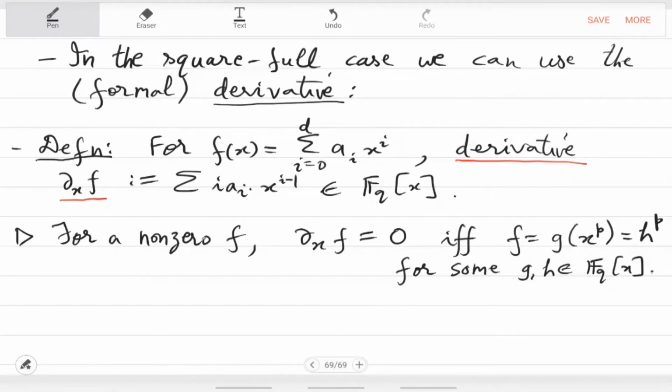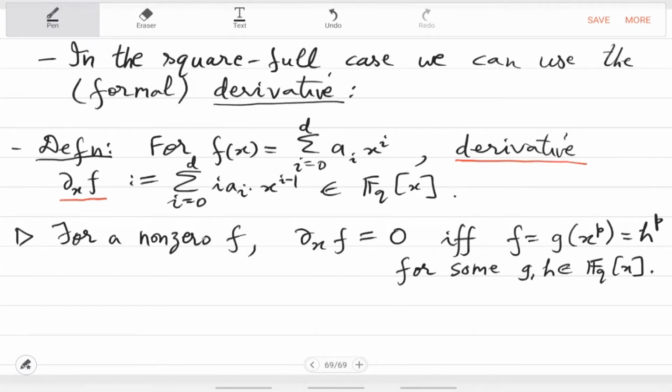Okay, so one side is clear. If f is a function of x to the p, when you apply the derivative operator, since p divides every i, the derivative will vanish. The i equal to 0 term will not contribute.